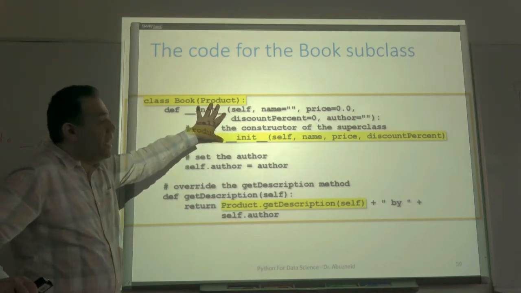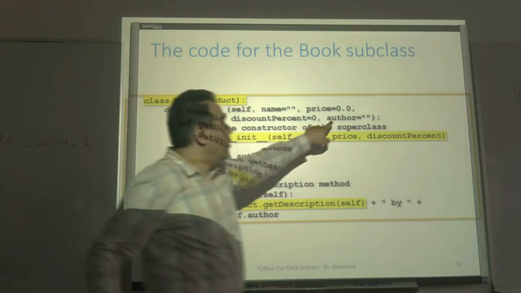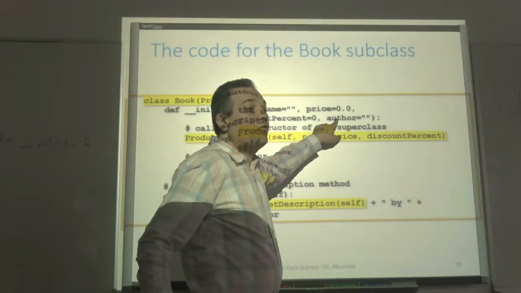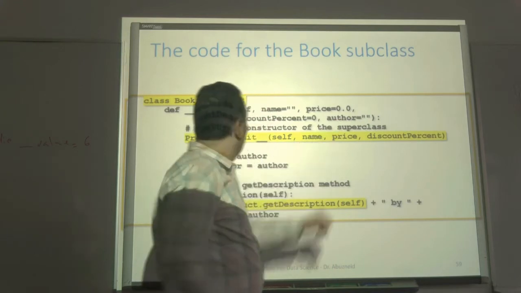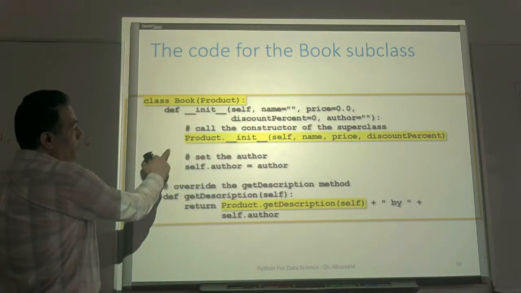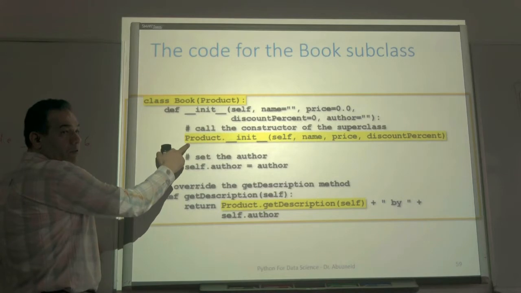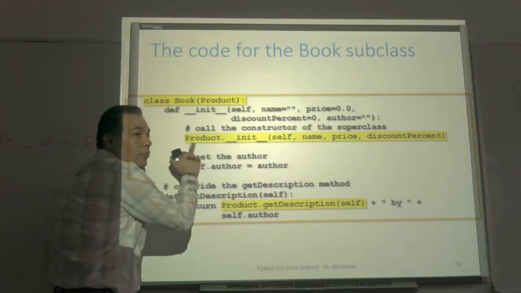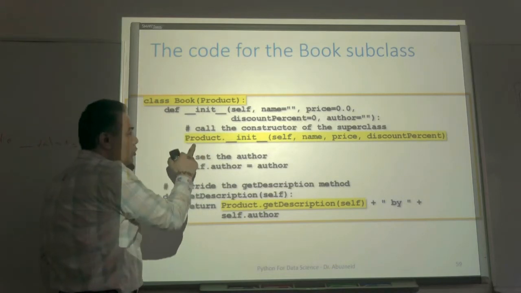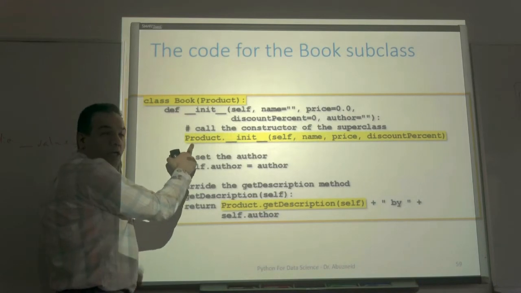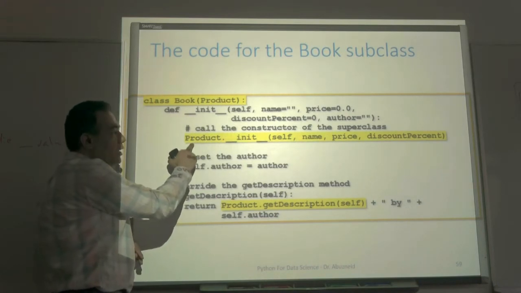Only one, which is the author. But the rest of the 3 are coming from where? So first, what should I do? Product, or I could write super. The parent, product or super, whatever you like. I prefer super myself.